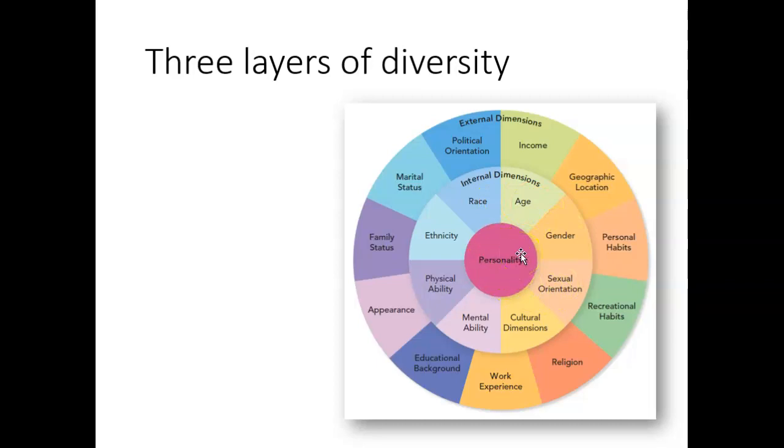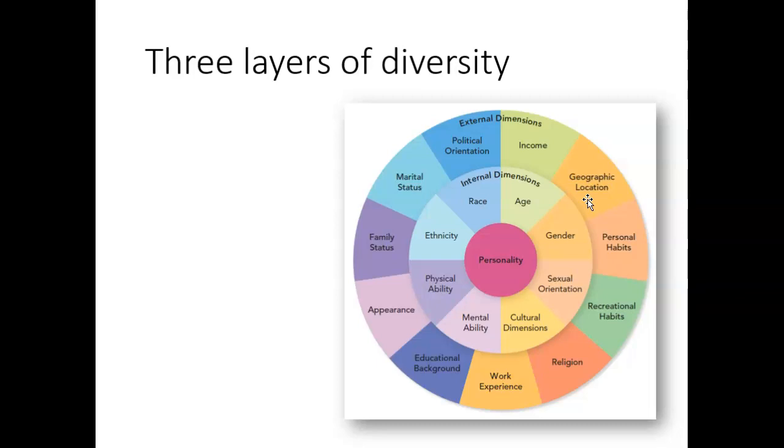Now, a lot of these we can really divide up into very small slices of pie. For example, geographic location, we can break this down to hemisphere. We can break it down to country, region.